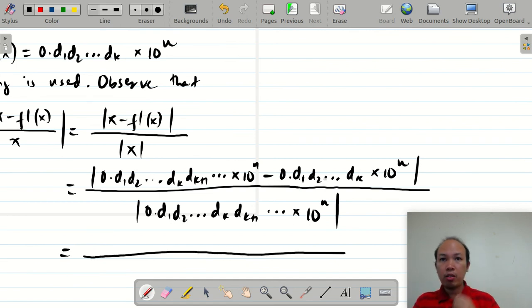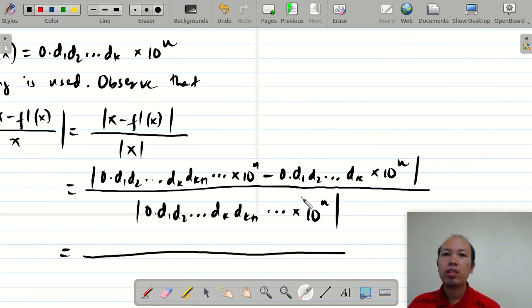Okay, let's have an illustration here. How do we subtract these two values in the numerator? They are just the same, but it was chopped up to k. Notice that d sub 1, d sub 2, up to d sub k are the same numbers. It only matters here, in this value.